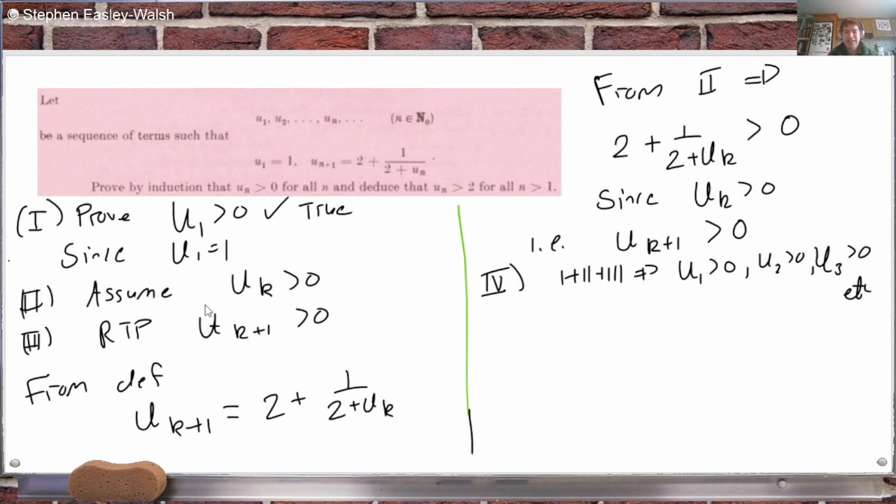So anyways, that's first part done. But we now need to show that UN is greater than 2. So let's see if we can prove that UN is greater than 2.